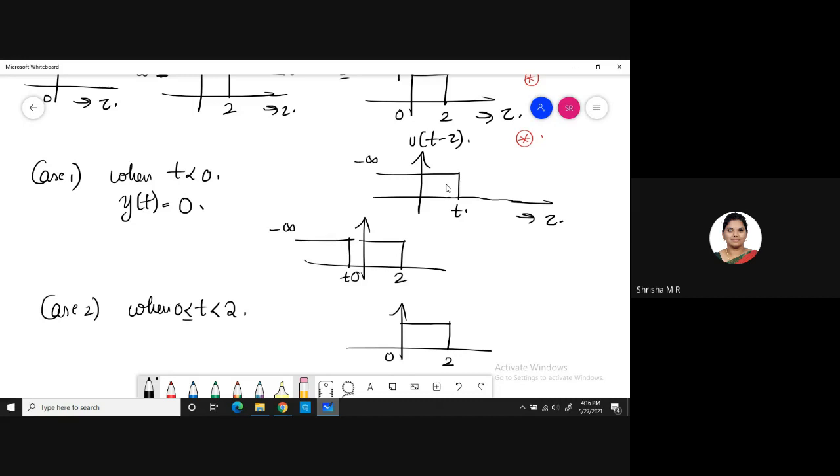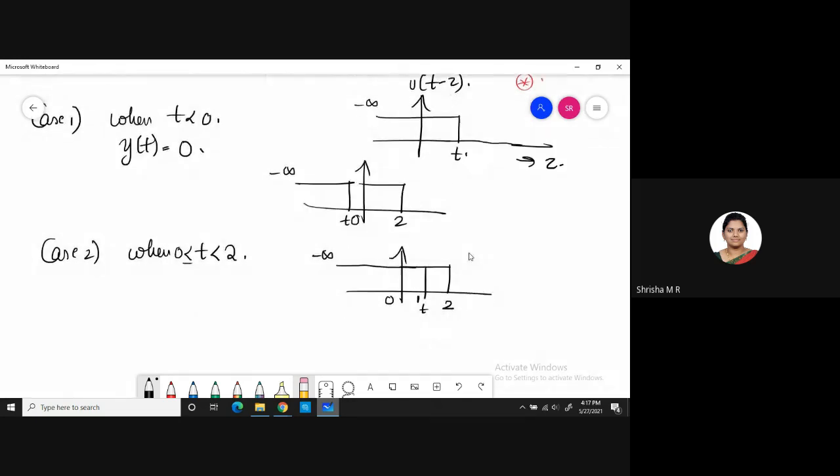I will imagine my t is near 1. Just imagination. If we assume t is between 0 and 2, what is the overlapping space? 0 to t is the overlapping space, correct?